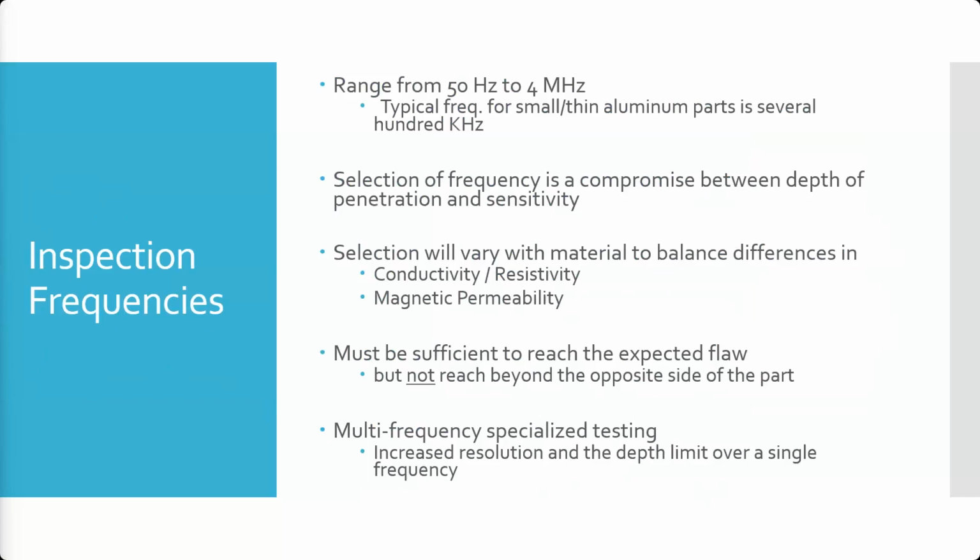Right? If our depth of penetration is further than the thickness of the part, you're creating this real strong magnetic field in the surface that's going to obscure smaller cracks. If my part is only the width of my finger and my depth of penetration is down here, I'm wasting all this; there's no reason to try to find cracks outside the part. So it's a balance of that.